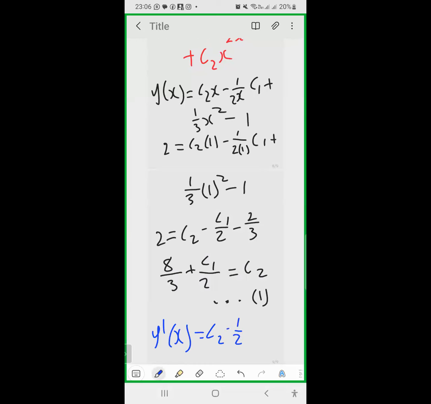Then we have 1 over x, that is x to the power minus 1, so the derivative will be minus 2, so this is basically 2x squared, and then this will be a plus, multiplied by c1.